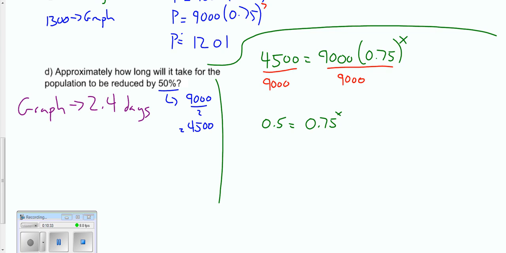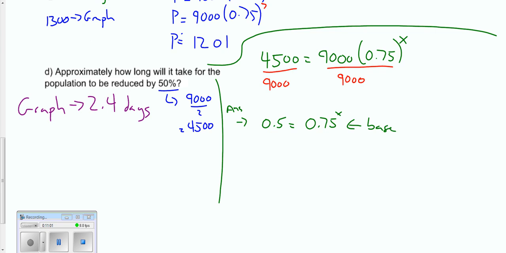Okay, so this is my answer, and this is my power with the base. Okay, and so I've got my base as 0.75. Actually, I'm going to change that around. I have my base as being right here.